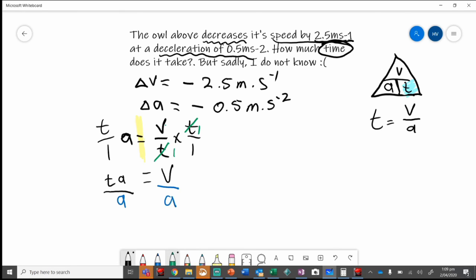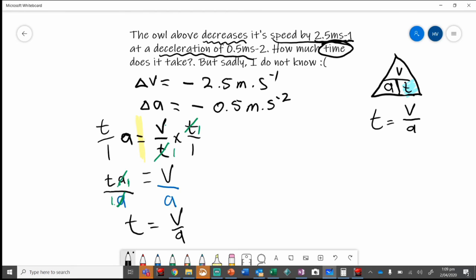The a cancels out, and we are left with t equals v over a. Can you see that that is the same as what we have there, but this time we calculated it mathematically?